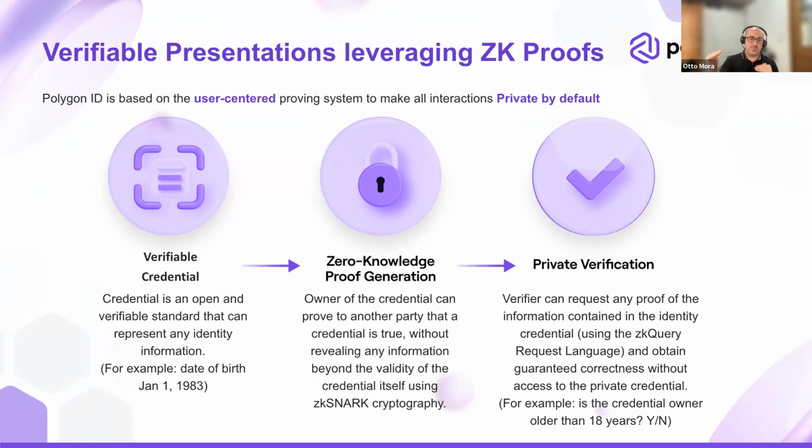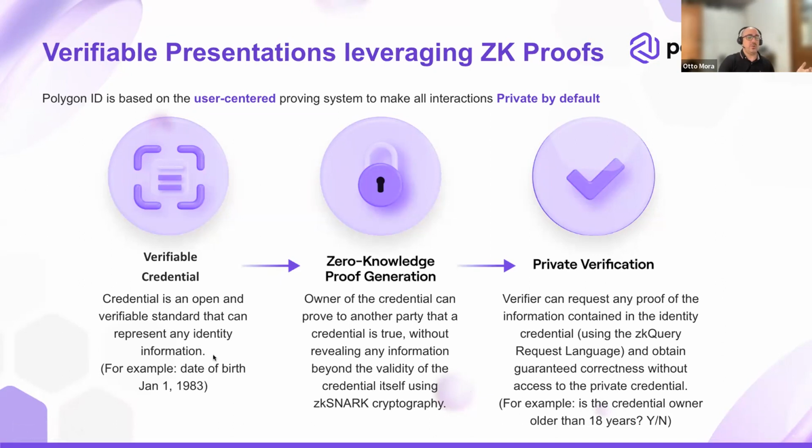And what is happening there is that the issuer will have given the user some credentials previously, and then the verifier is going to query those credentials, right? And it's going to ask information about those credentials, and through this interaction, the user will be able to generate zero knowledge proofs based on those credentials. So, for instance, a verifiable credential could state what is your age, right?